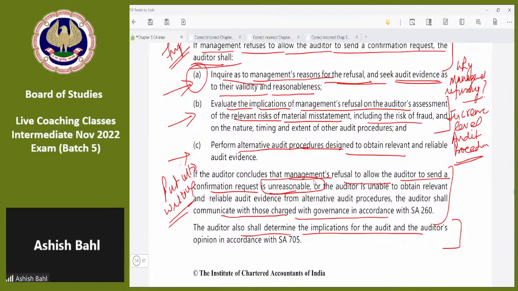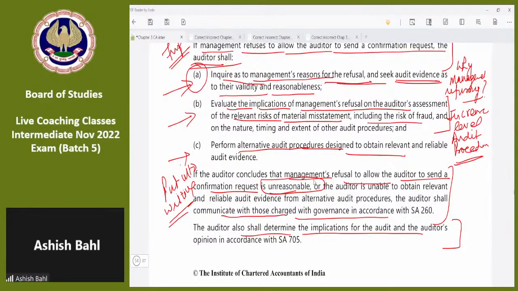So guys, you have to understand that if management refuses, I have to inquire why they have refused. If I am satisfied with their reason, then I shall assess the risk of material misstatement and shall perform alternative audit procedures.